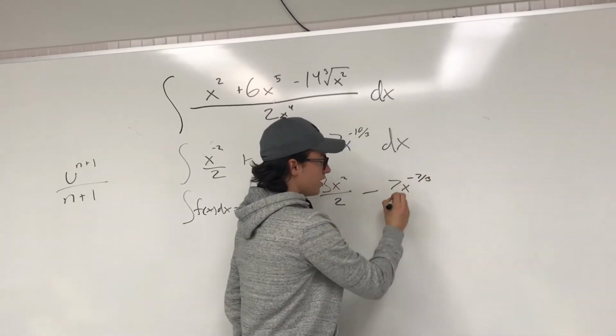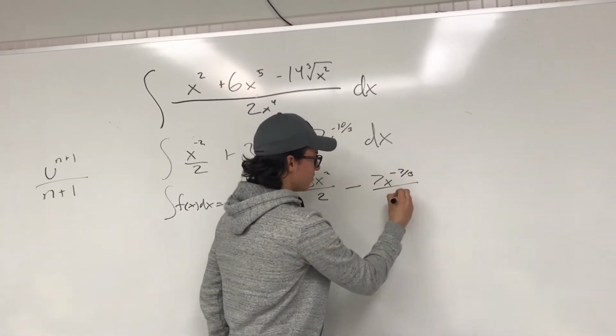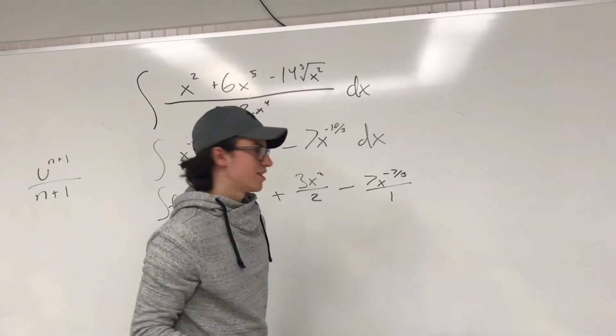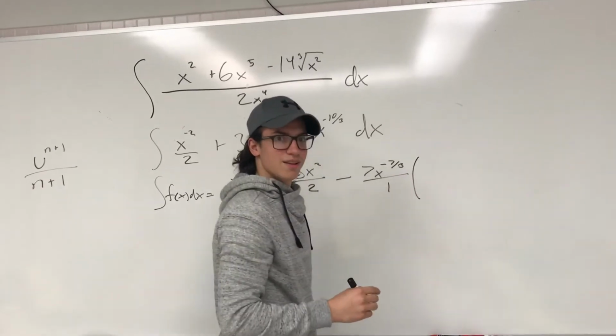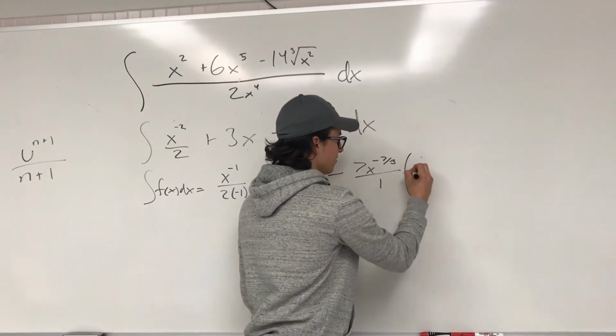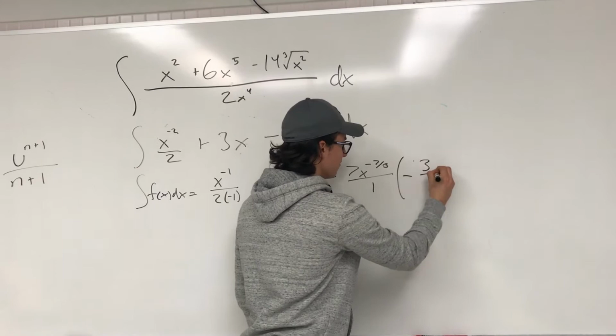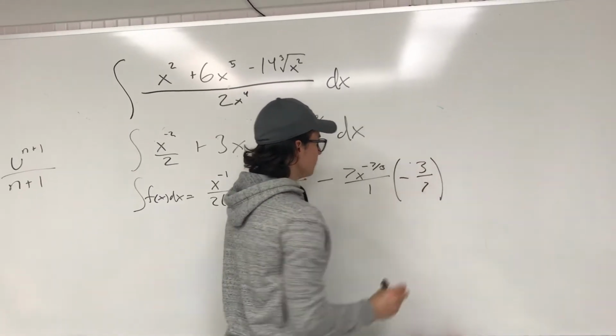Then that's over 1, and we have the technique to multiply it by the opposite. So it's times negative 3 over 7.